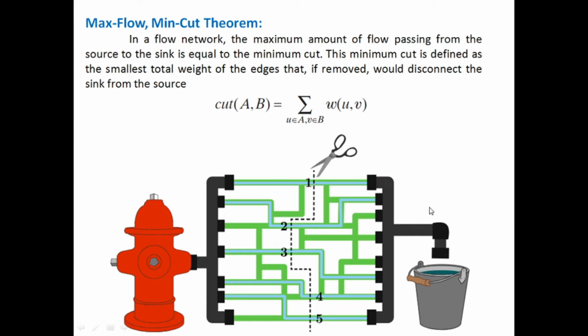So it is defined as the smallest total weight of edges, because if I do the cutting in this manner, it ultimately leads to a heavy cost that should be avoided. So it is the smallest total weight of edges that, if removed, would disconnect the sink from the source.